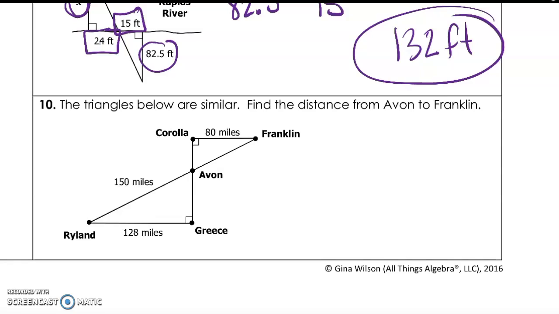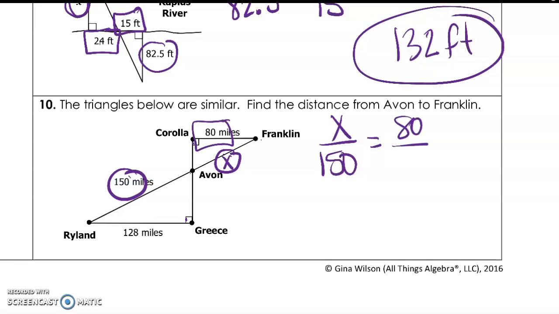Number 10, we're trying to go from Avon to Franklin, so I'm going to put an x right there. That x is across from the right angle, so across from the right angle is 150. So I'm going to do x over 150 equals, since I did x, I need to go back and use the 80 on the top and 128 on the bottom.